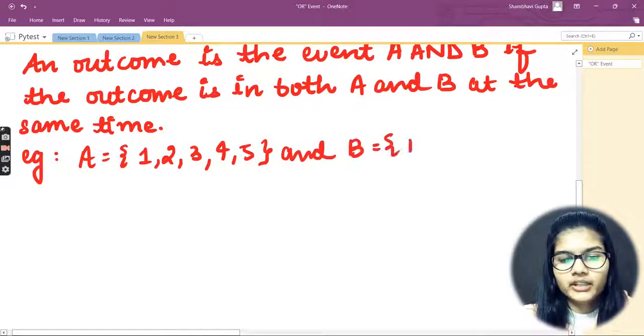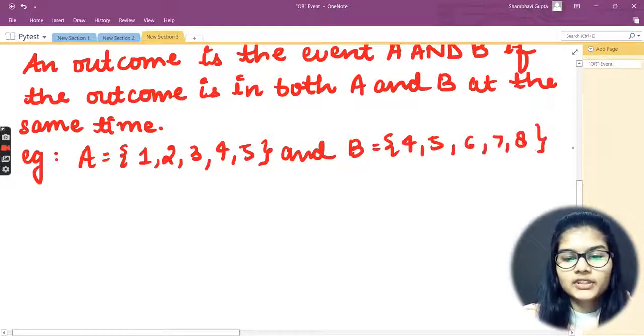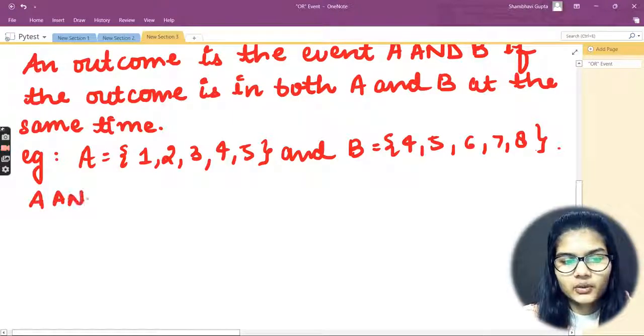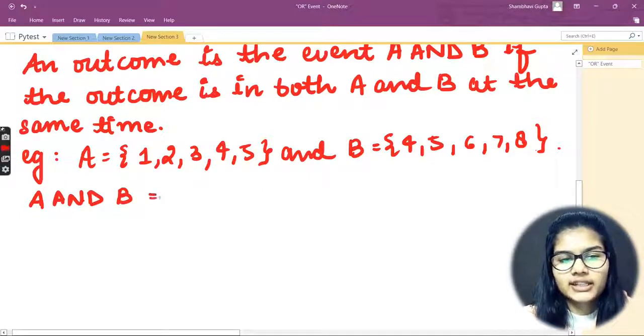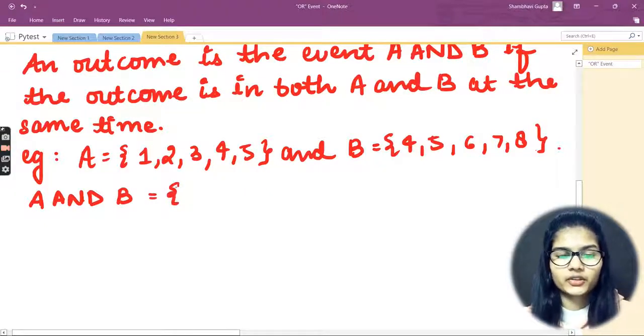Let's say my B event is 4, 5, 6, 7, 8. Now if I have to write A and B, how will I write it? I'll write whatever common numbers, the common outcomes I have in both of the events, I'll write those.